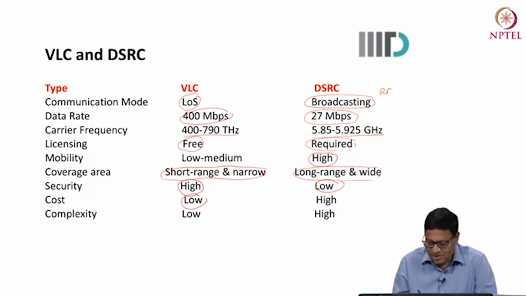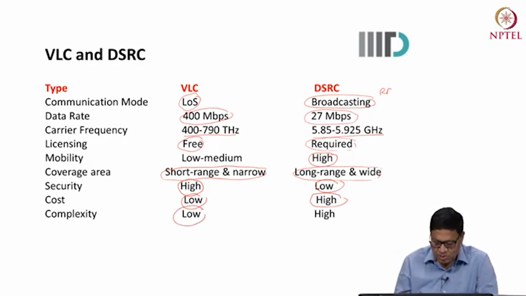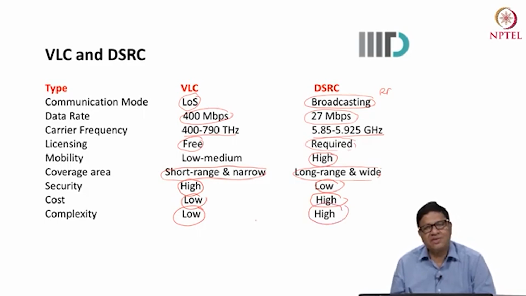So the cost is relatively low, whereas DSRC is very, very high because you have to put DSRC transmitters and receivers at regular intervals along the road. Complexity is low because designing a transmitter or a receiver for visible light communication is not very complex, whereas the complexity of designing a DSRC transmitter or receiver is quite high.